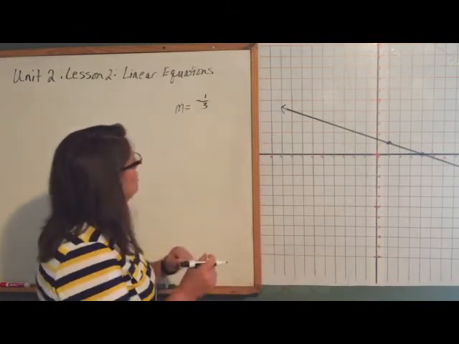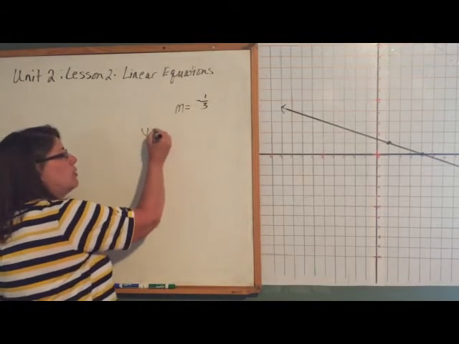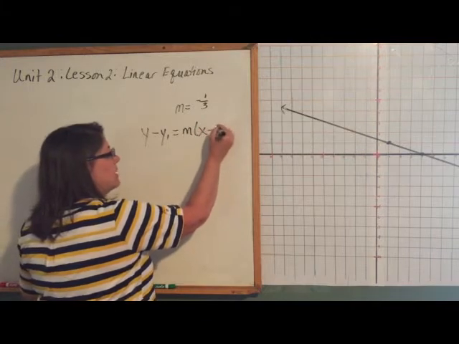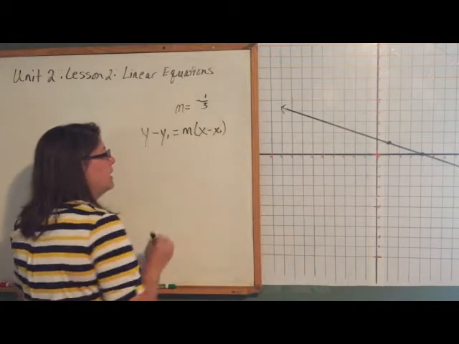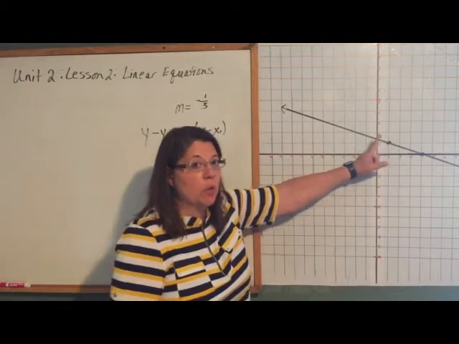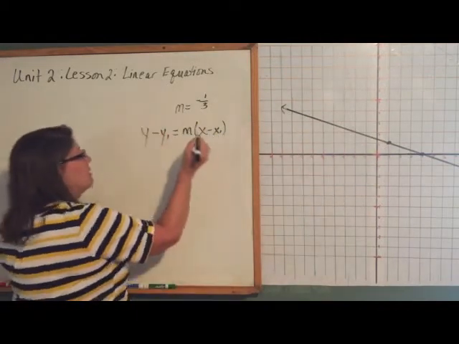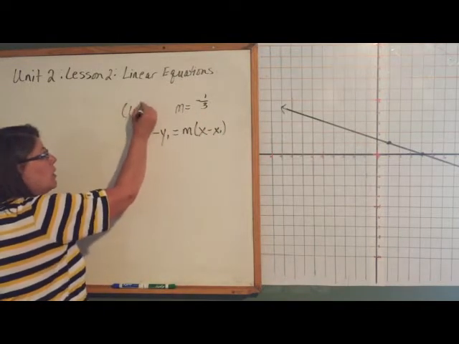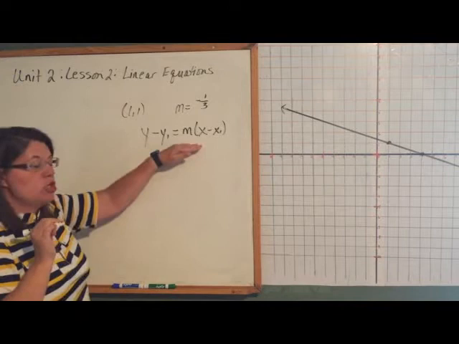So what I'm going to do is write the formula for point-slope form: y minus y1 equals m times x minus x1. And then I'm going to pick a point. I'm going to use (1, 1), because (1, 1) is always really easy to plug in. So I'm going to use the slope, -1/3, and the point, (1, 1), and plug into point-slope form.